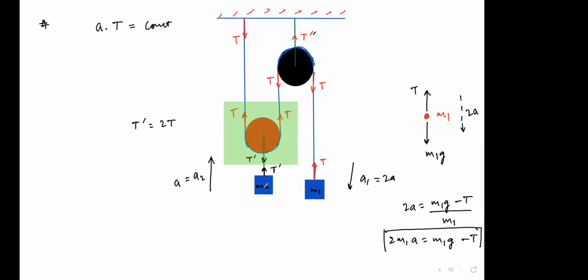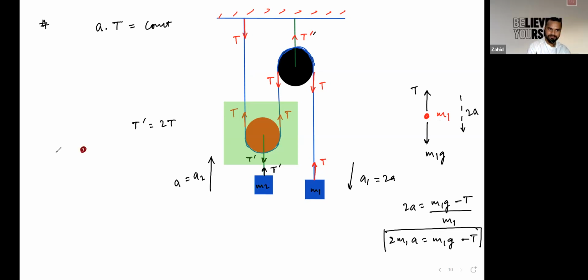Similarly, if you draw for this M2, experiencing a downward force due to gravity and experiencing upward force, that is T dash, which is equal to 2T. And whole term is going up by some acceleration. So you can say A is equal to, here T is stronger, so it will be 2T minus M2G divided by mass of block M2.